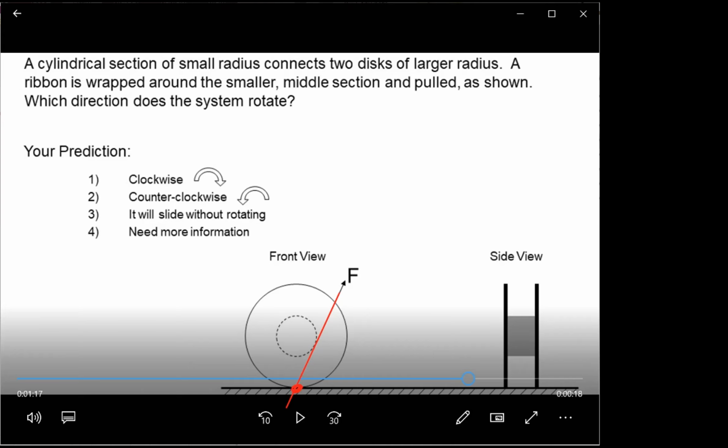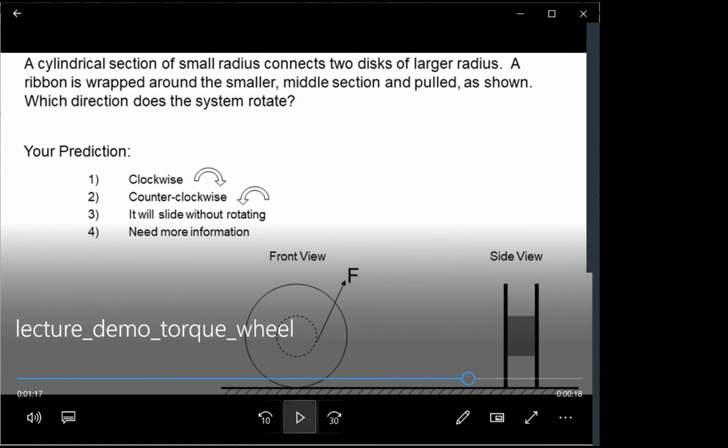This force can't cause that to rotate if it's applied just right. Should we see how good I am at applying that force?